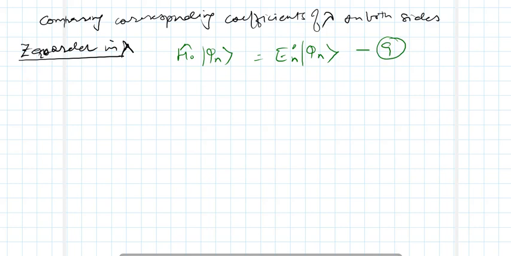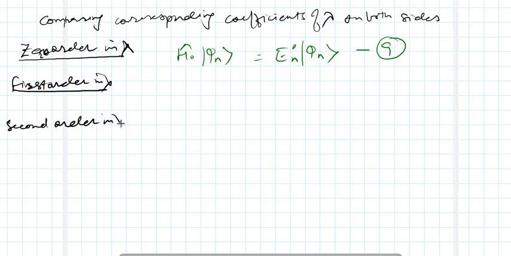Now for the first order in lambda, and then the second order in lambda, how can things be written?